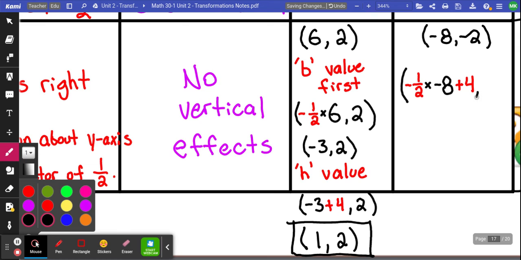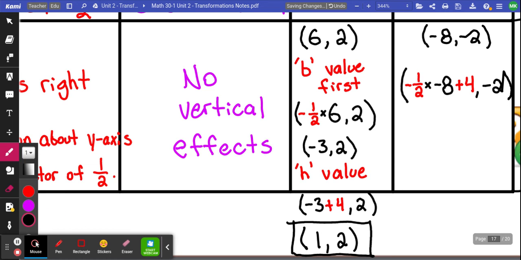The reason I want to show you that all at once is because how would you calculate that? If I gave you that question, -1/2 times -8 plus 4, how would you go about calculating that? You'd follow BEDMAS.